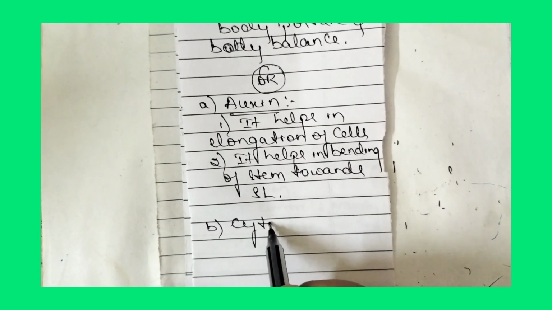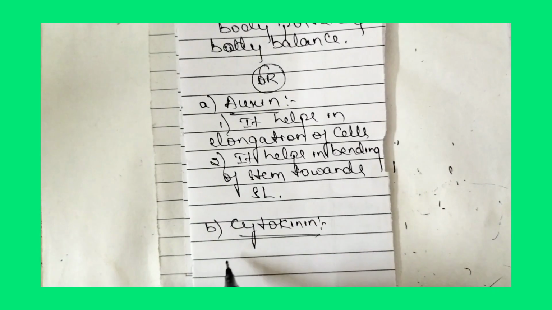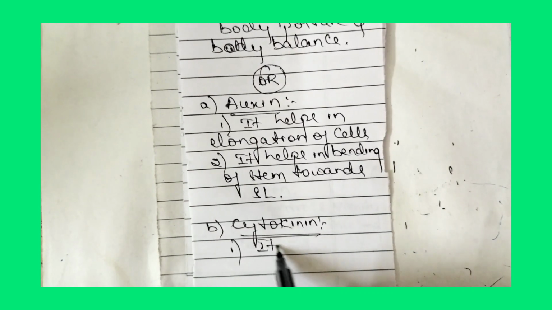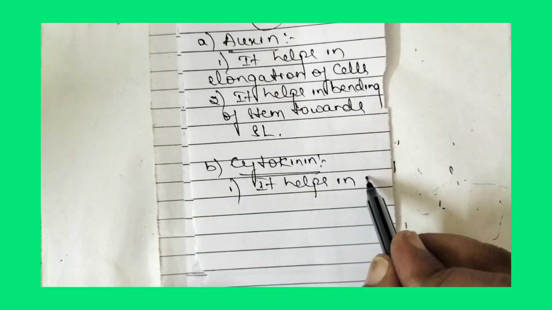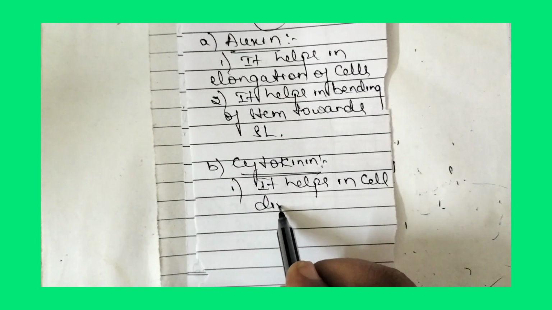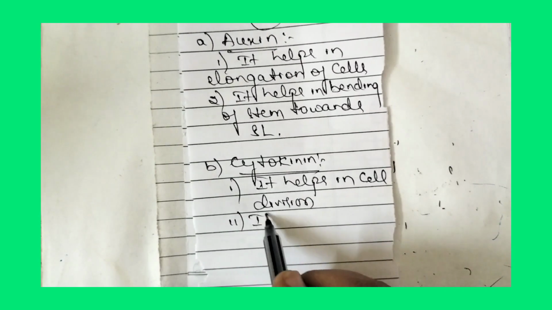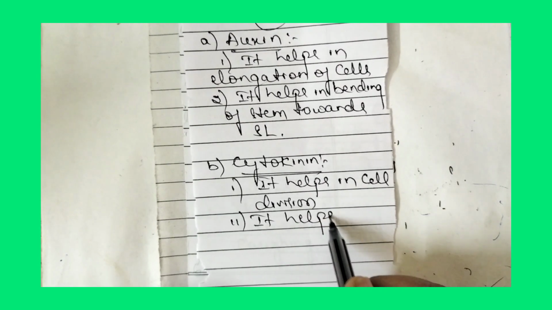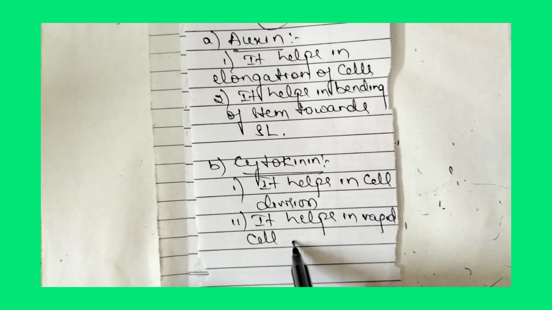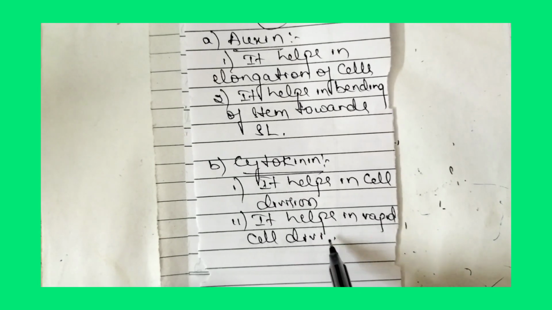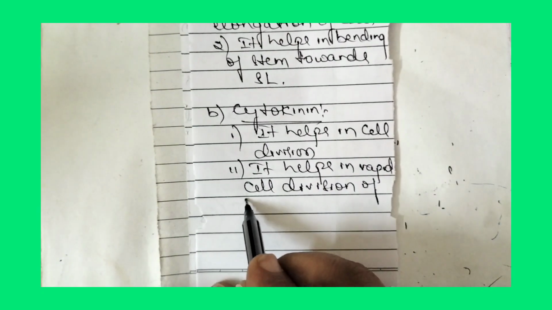Now let us move to the next type of hormone, that is called cytokinin. The first function of cytokinin is it helps in cell division. Second point, it helps in rapid cell division of seeds and fruits.